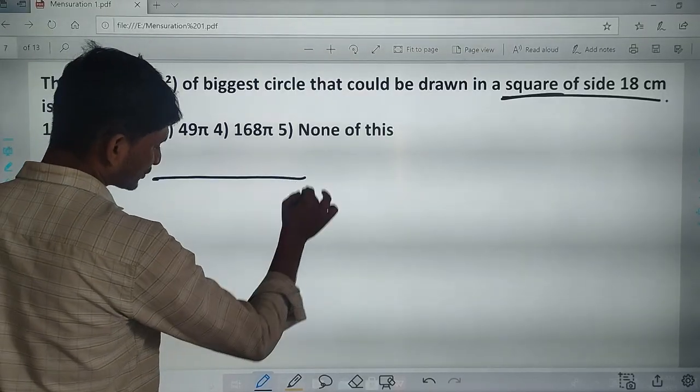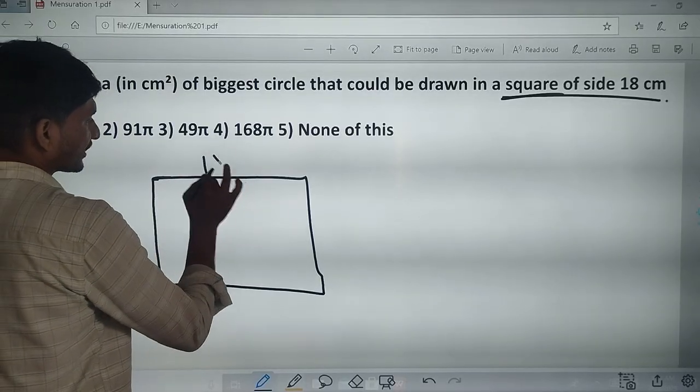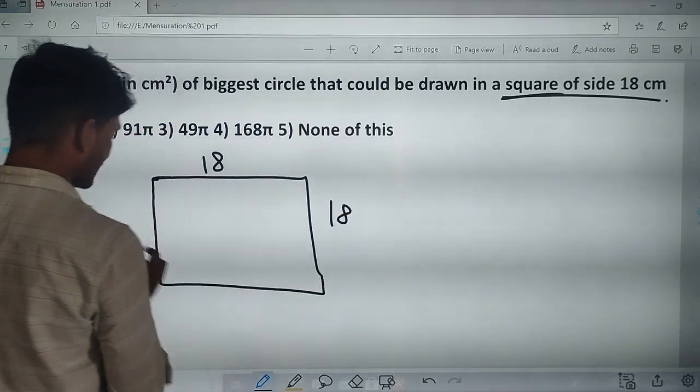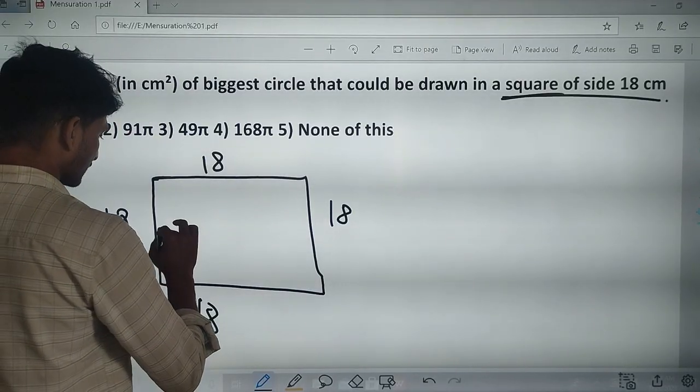Now here we find the square whose side is 18 centimeter. This is the square, each side is 18 centimeter. We draw a circle.